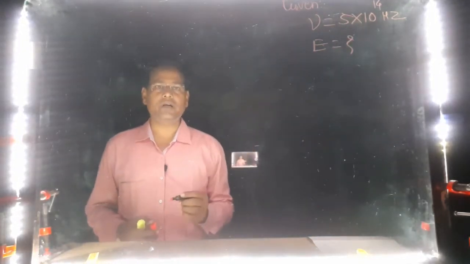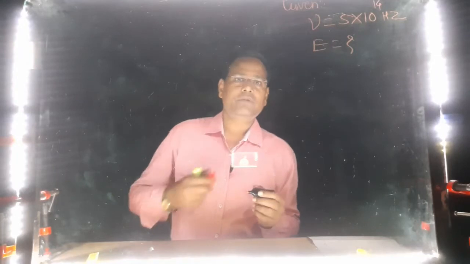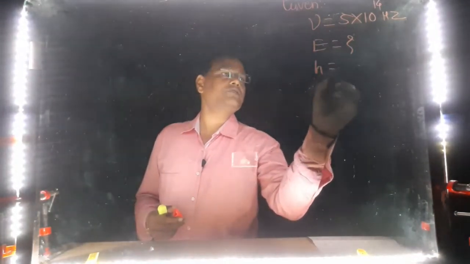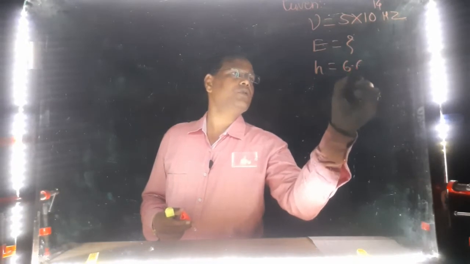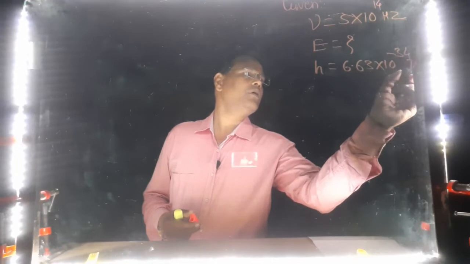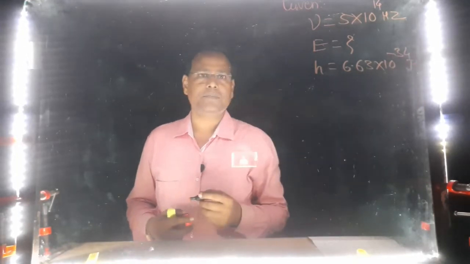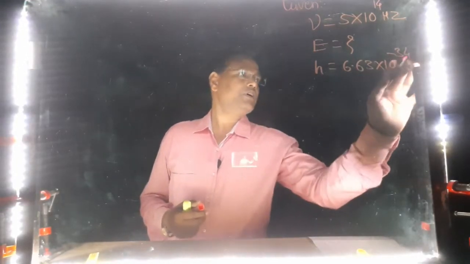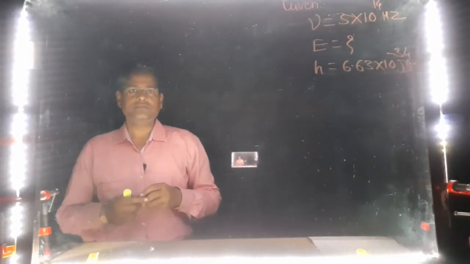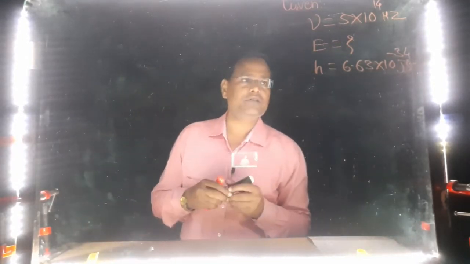We have to find out energy given nu, and we know h, Planck's constant, equal to 6.63 × 10^-34 joule second. So its SI unit is joule second. So we have to find out energy.